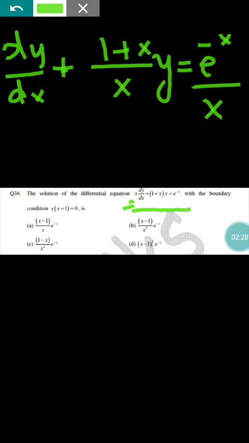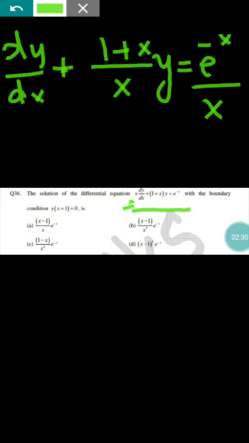Here is the equation given. Here I have x as a multiple of dy by dx, so I'm going to divide the whole equation by x. So I will have dy by dx plus (1 plus x)/x times y is equal to e power minus x by x.